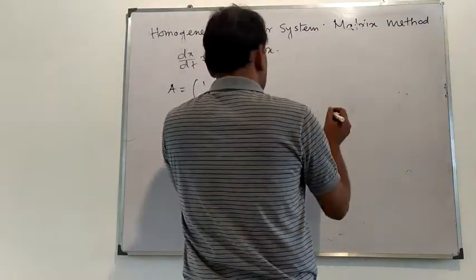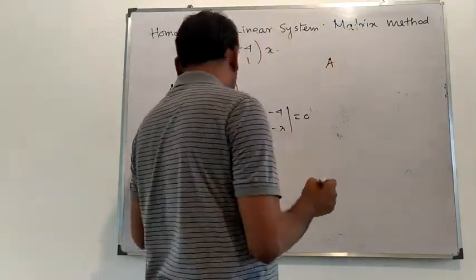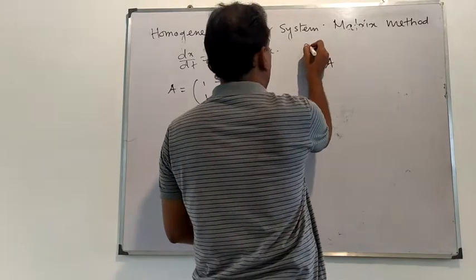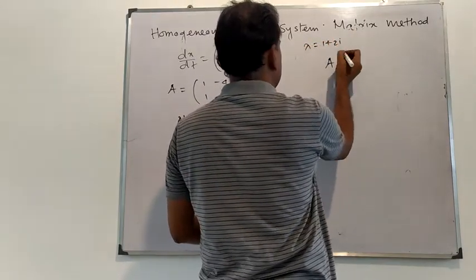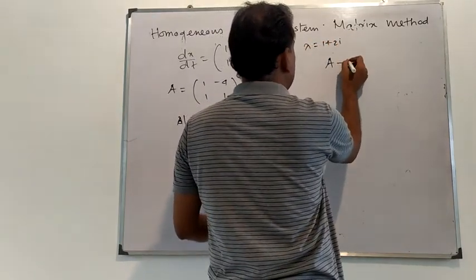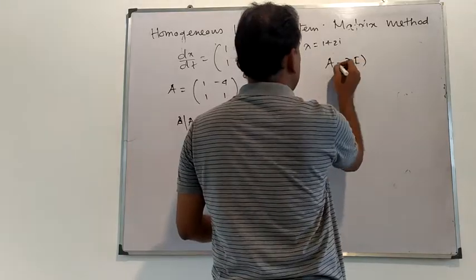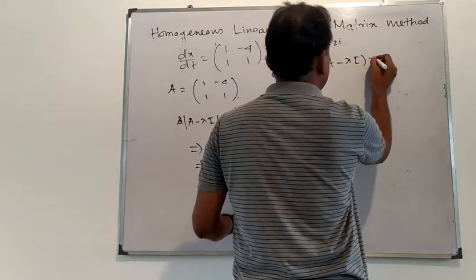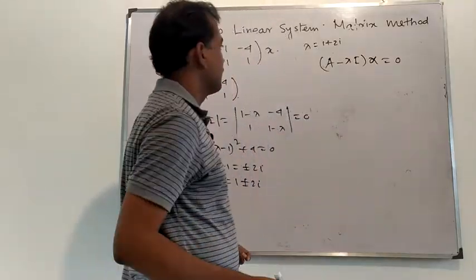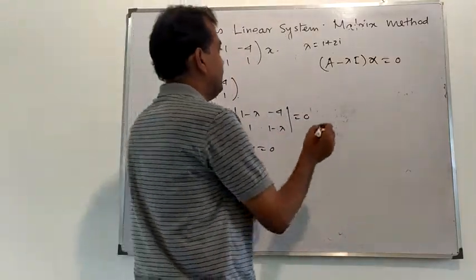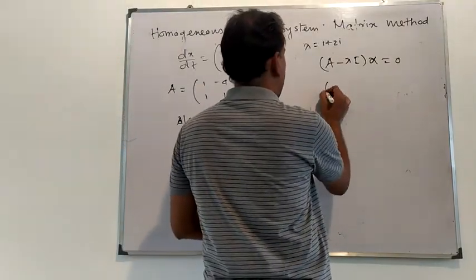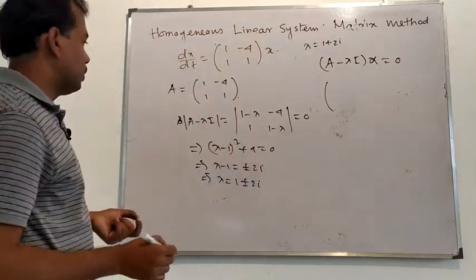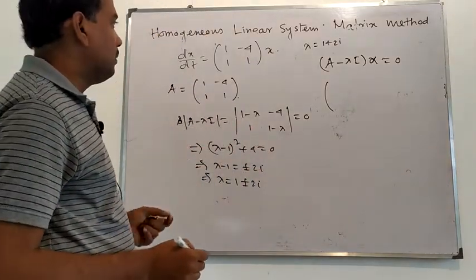Now we want to find the eigenvector corresponding to lambda equal to 1 plus 2i, that is we solve this system, here lambda equal to 1 plus 2i.